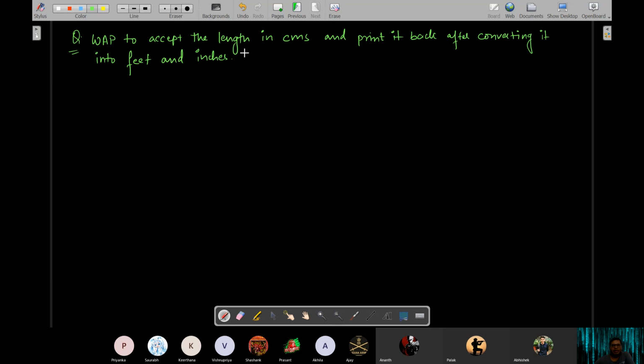Okay. Given that 1 inch is equals to 2.54 centimeters and 1 feet is equals to 12 inches. Okay. ठीक है, this is your question.